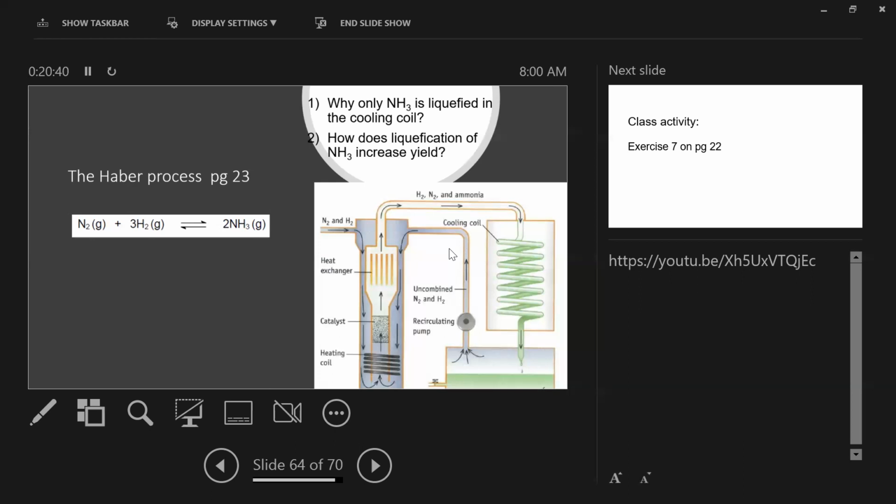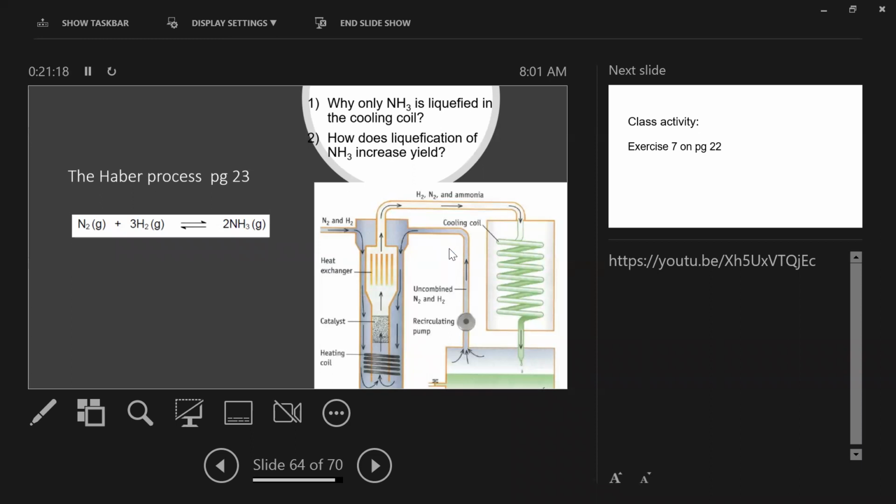So if it's easier to evaporate, is it easy for us to condense it? If the boiling point is lower, it's more volatile.